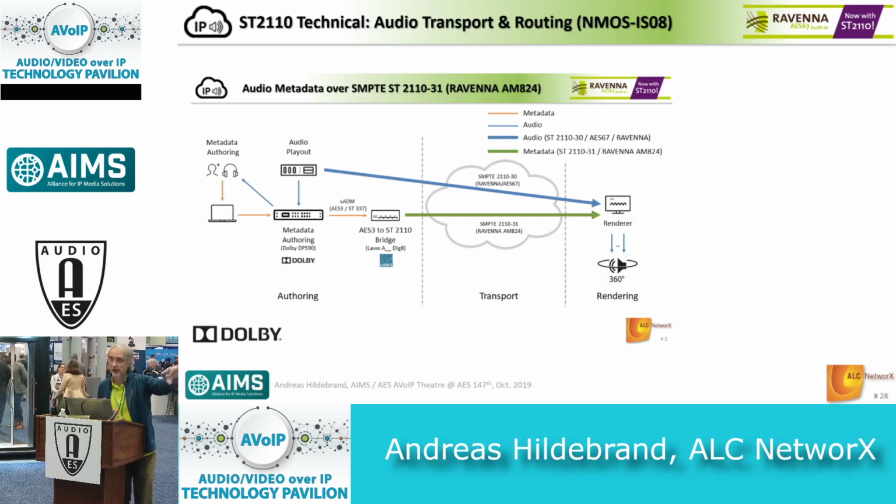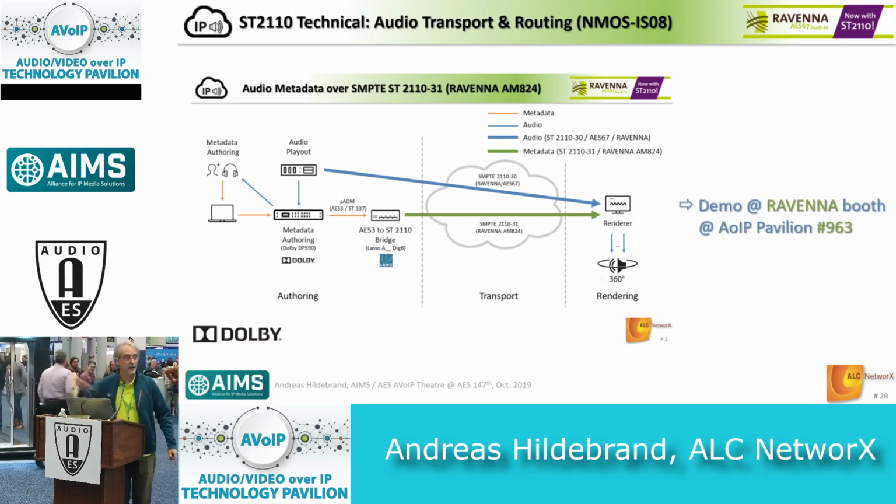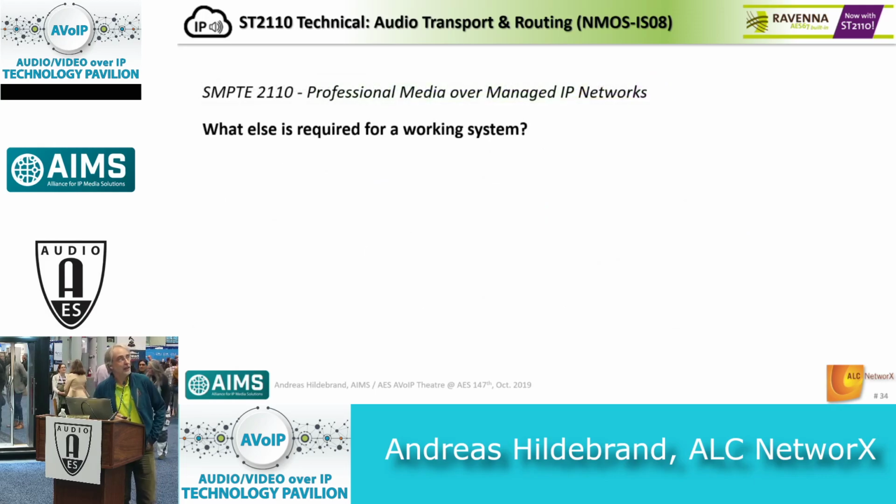Then we have the -30 and -31, just the metadata with the -31, on the network, and the renderer can pick it up and execute the rendering according to its own rendering setup or listening situation, based on the metadata generated by the authoring tool and the linear audio data objects. So that's a technology demo which is available right around the corner if you're curious.